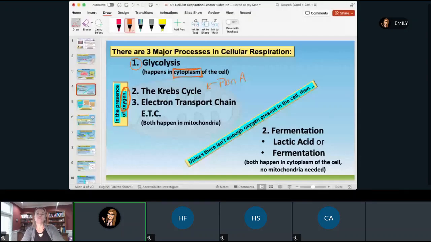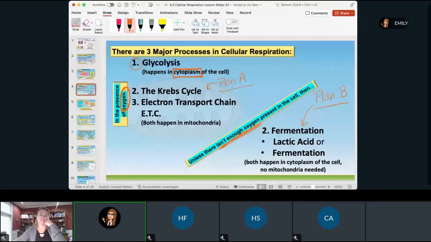Now, what do we do if we don't have a lot of oxygen available? If there isn't enough oxygen, then we have to move to plan B. And plan B is going to be a type of fermentation.